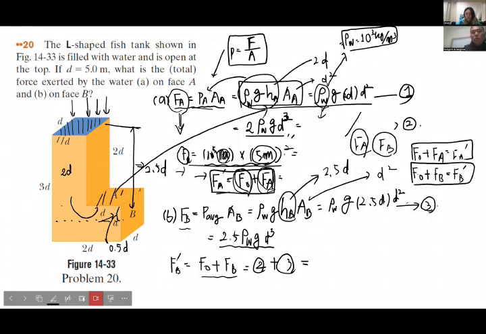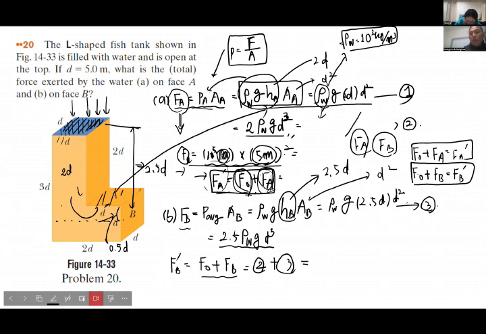So the top of the container is also under pressure. That pressure should be added to the pressure from water itself on faces A and B. So FA is only from water. FA prime is water plus air, atmospheric pressure.